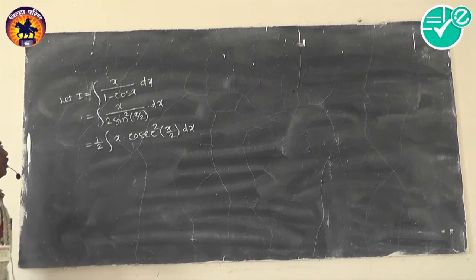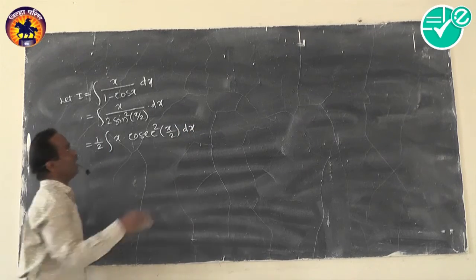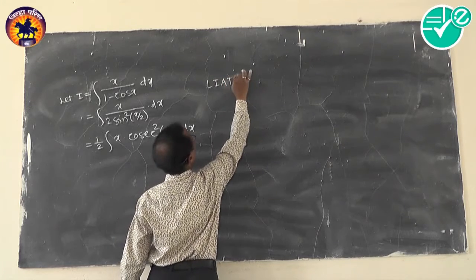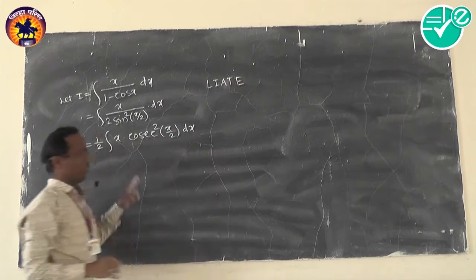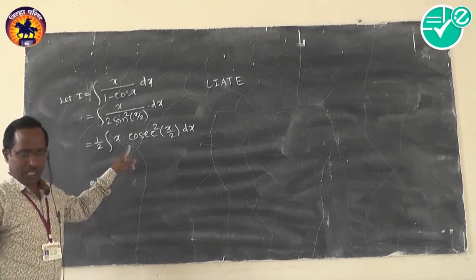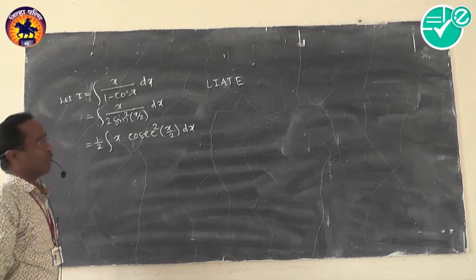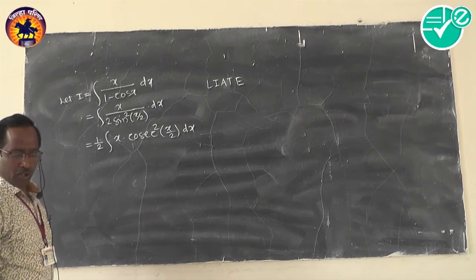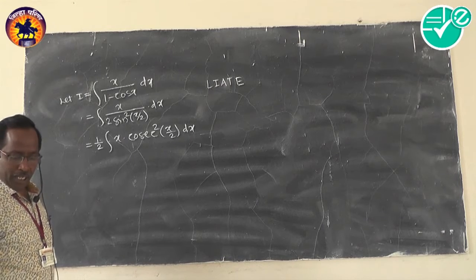Now, product of two functions, apply the LIATE rule. L-I-A-T-E. x is an algebraic function and cosec is a trigonometric function. So the first function we take algebraic and the second function we take trigonometric.